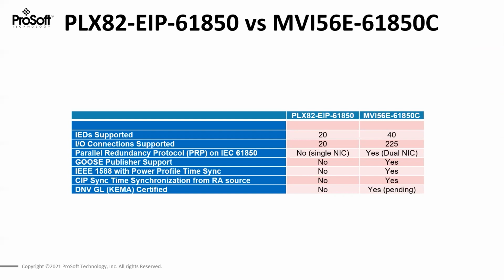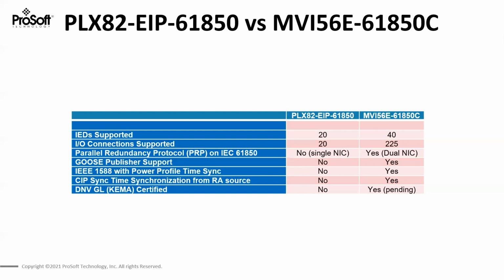So by doubling the amount of IEDs that we can support and going up to 10 times on the number of IO connections, we feel that we can truly build out networks of 40 IEDs with some room left over on those 225 IO connections.